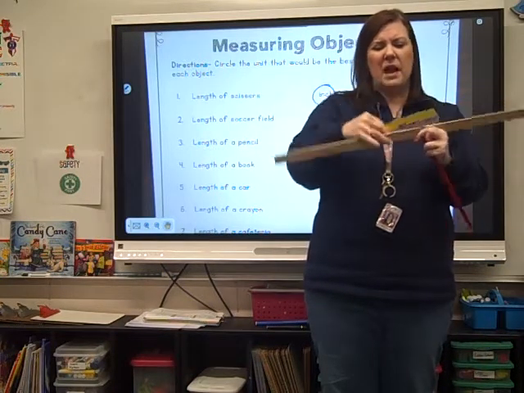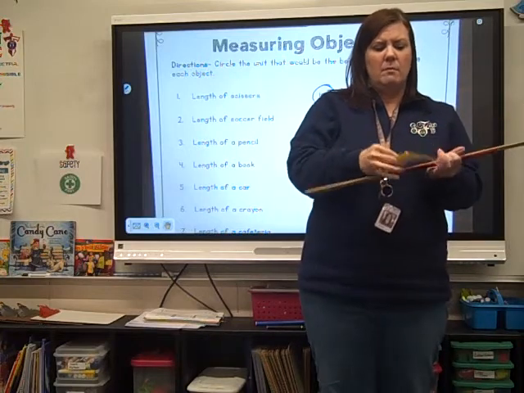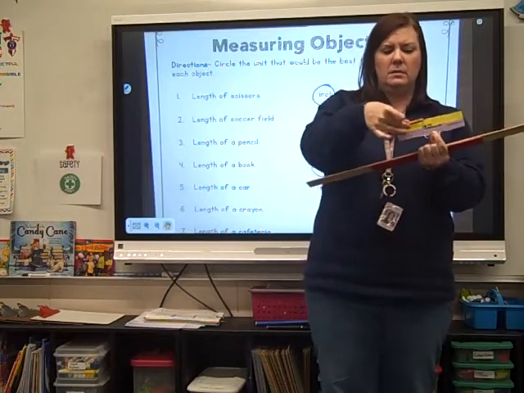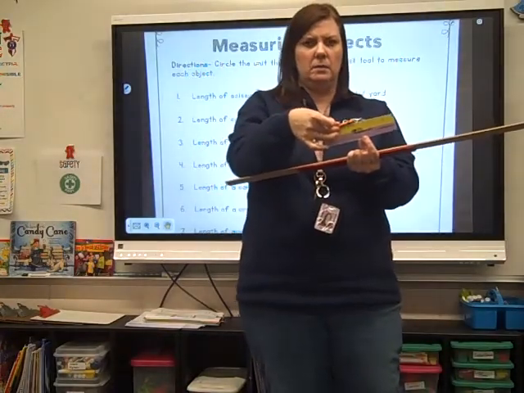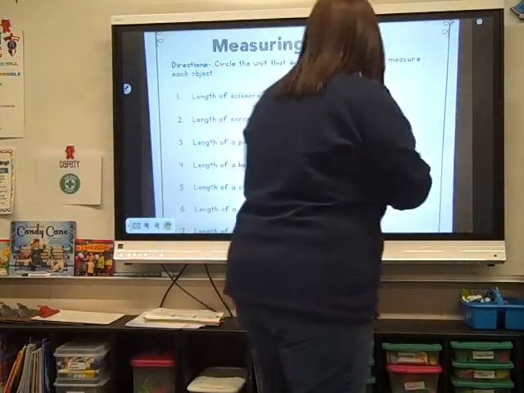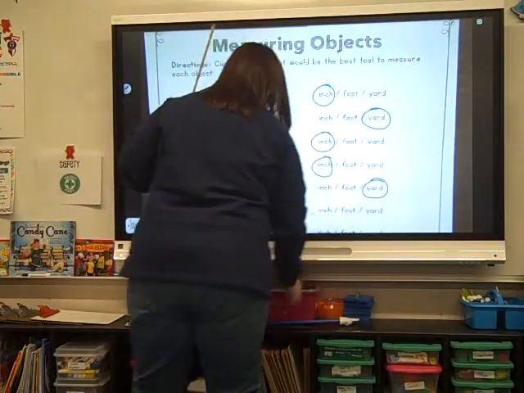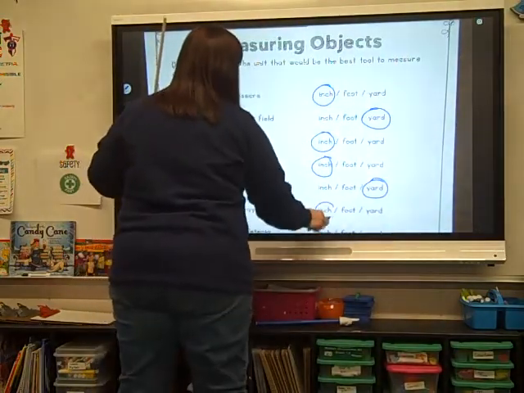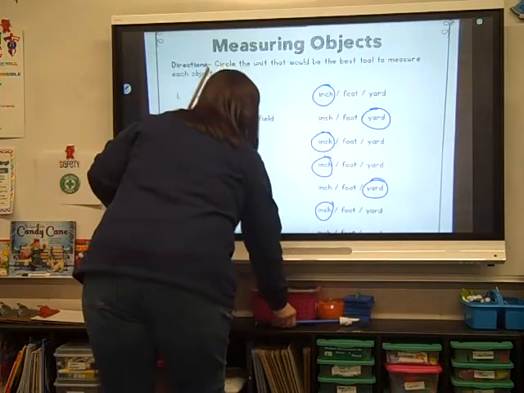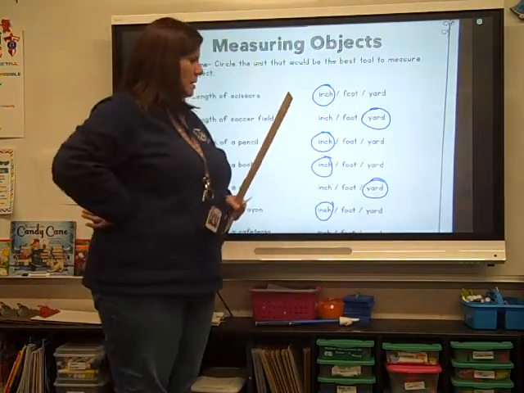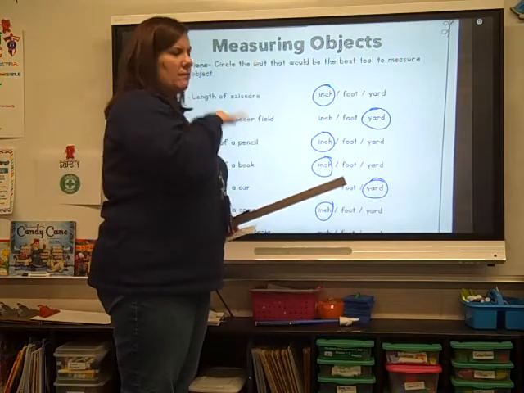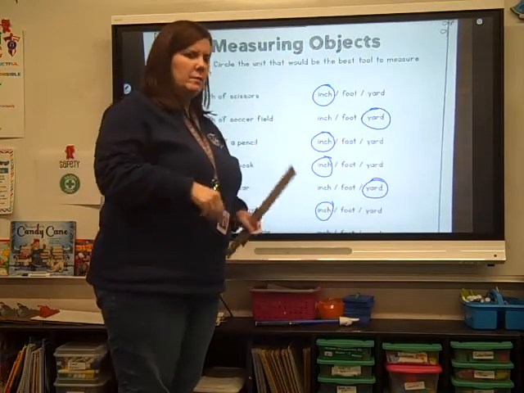So I think I'd measure my crayon in inches, don't you? That would be better. So let's circle inches. Inch, foot, or yard. So I think your crayon would be the best in inches. Okay? So make sure you've got that, okay guys? Because I'm going to have to erase it and we're going to have to move it up, alright?